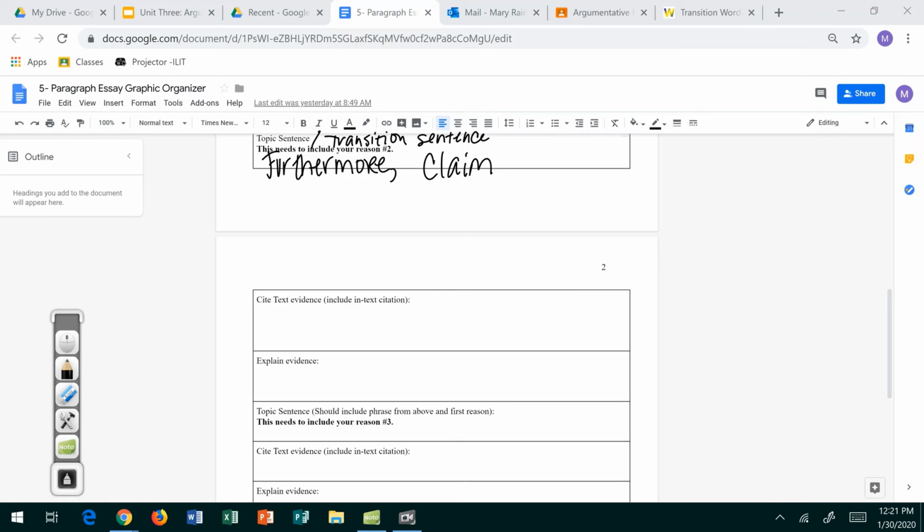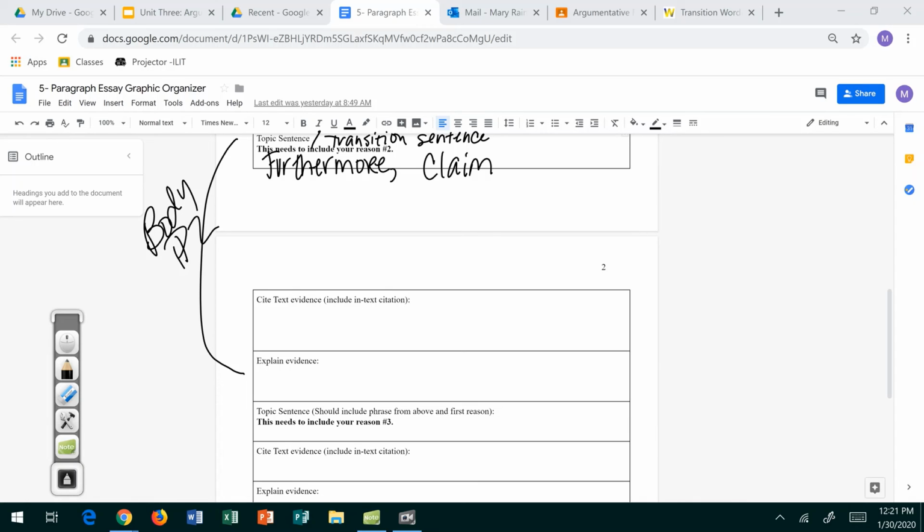So basically, if you want, you can look at your body paragraph number 1. And this is body paragraph number 2, by the way. I'll just label that. Body paragraph number 2. If you want to, you can look at your topic sentence or transition sentence for body paragraph number 1, and it is very similar.